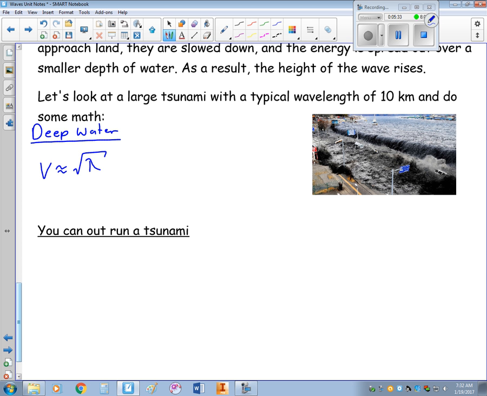So if I take a look at that wavelength, that's 10 kilometers, or 10,000 meters. If I take the square root of 10,000, I see that the speed is roughly 100 meters per second.